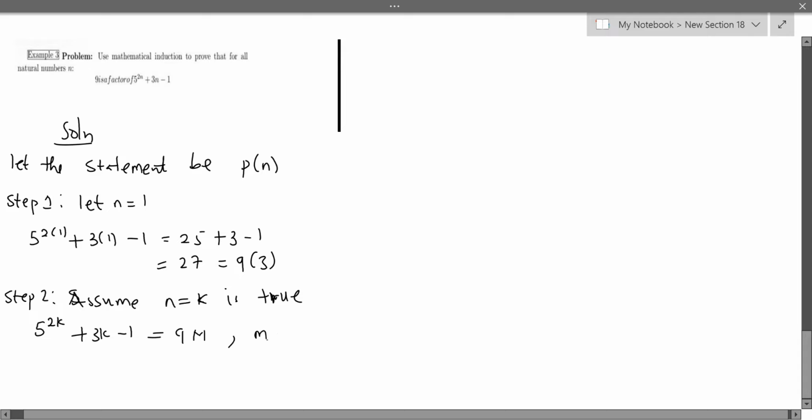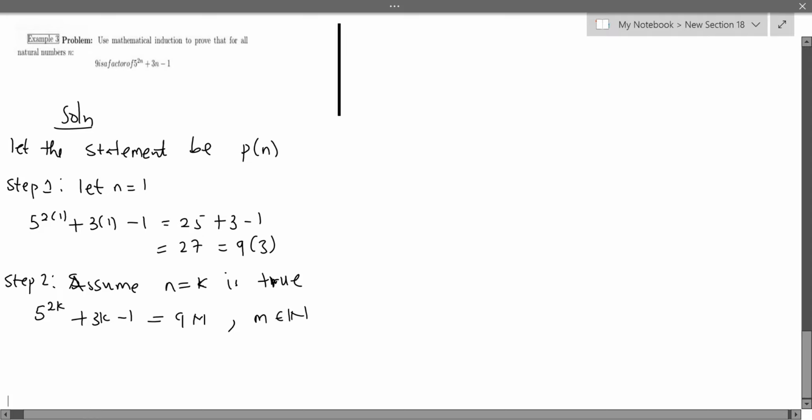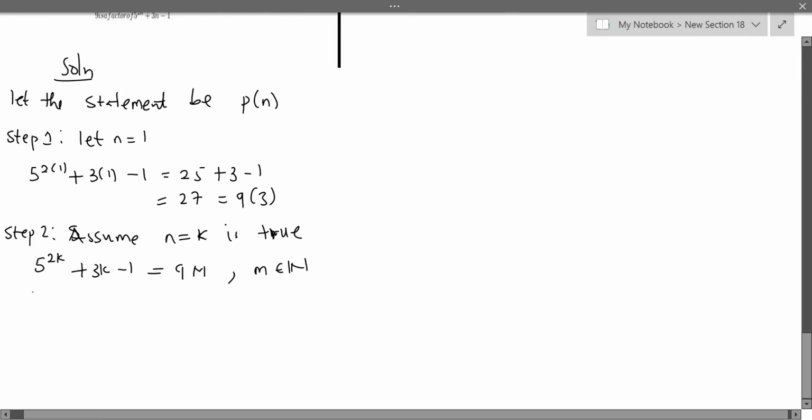So you can just say m is coming from the set of natural numbers. So yes, let's continue. You can call this equation 1, because you will need it for the next step.